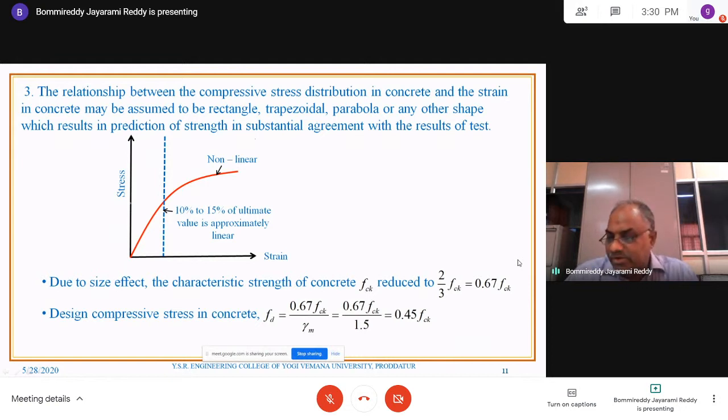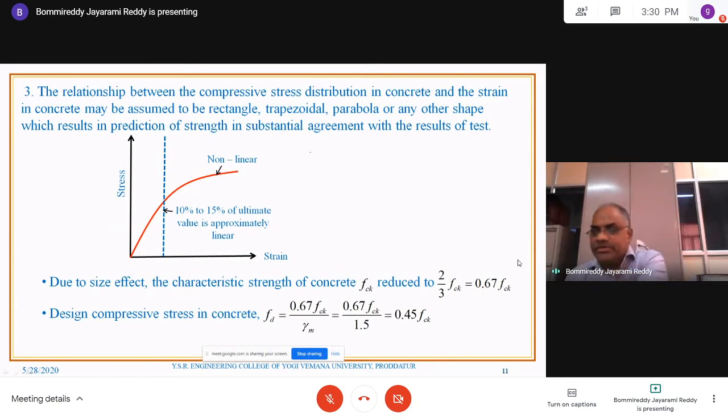The concrete stress-strain diagram is always nonlinear, and up to approximately 10 to 15% of the ultimate value, the line varies approximately straight, and beyond that it is non-linear. As a whole it is completely non-linear variation only.